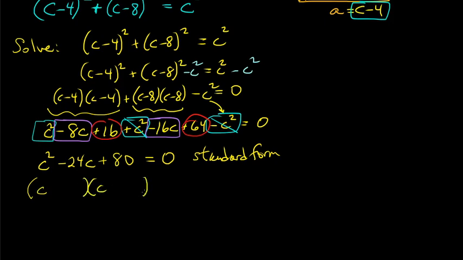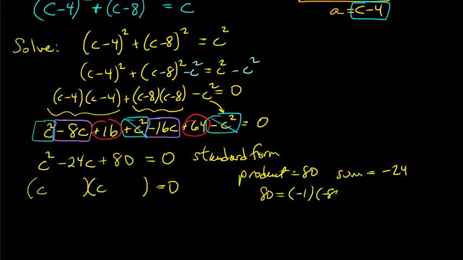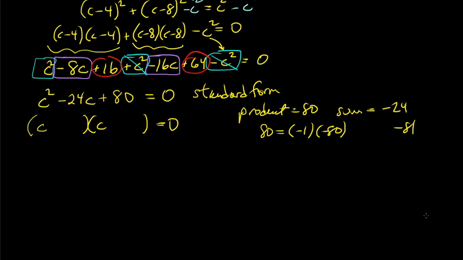What two numbers have a product of 80 and a sum of negative 24? Okay, so we've been through this many times. Here, because the sum is negative, they both have to add up to a negative. So it's not negative 1 and negative 80. That's negative 81. It's not negative 2 and negative 40. That's negative 42.